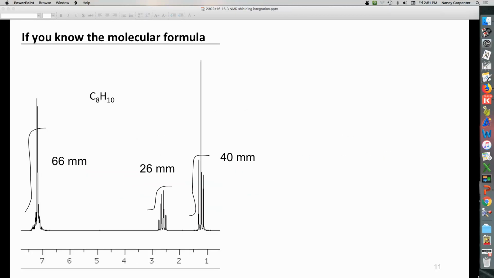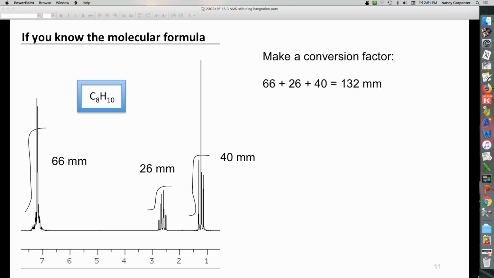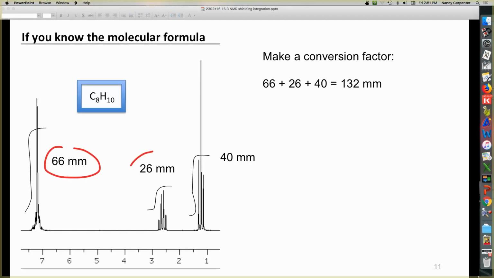If you do know the molecular formula, it's even easier. So for this molecule, C8H10, we can create a conversion factor. Basically, we know that there are 10 hydrogens in the molecule, and what we can see is that there are this many integration values.